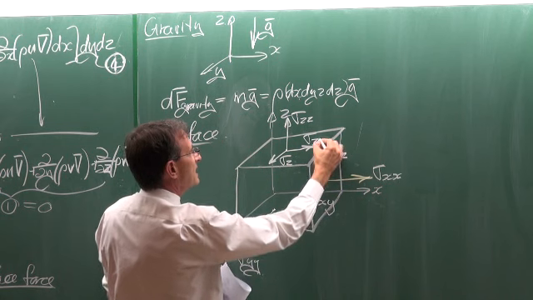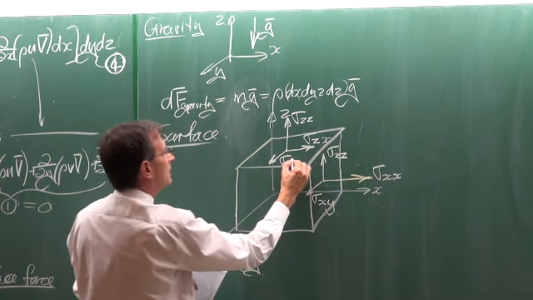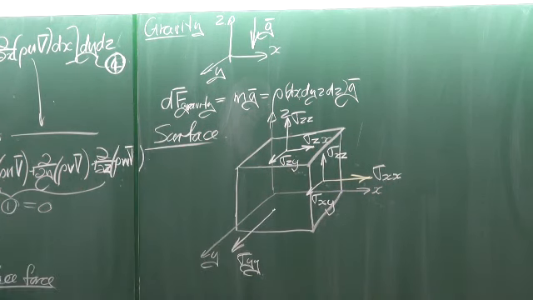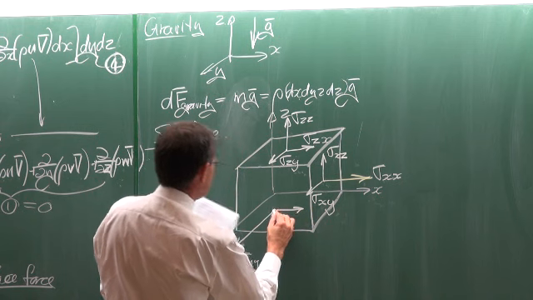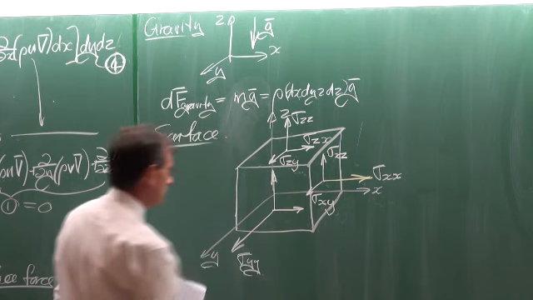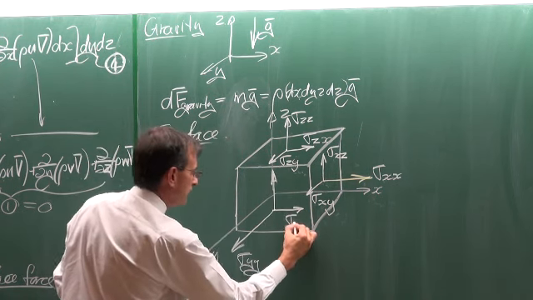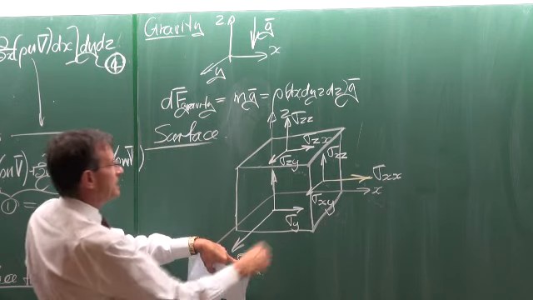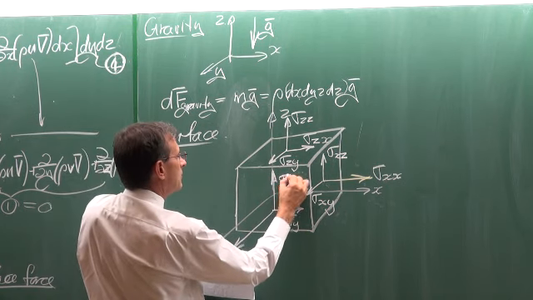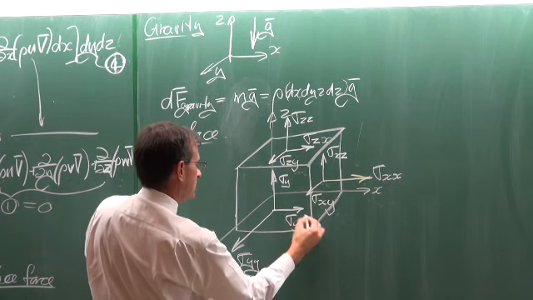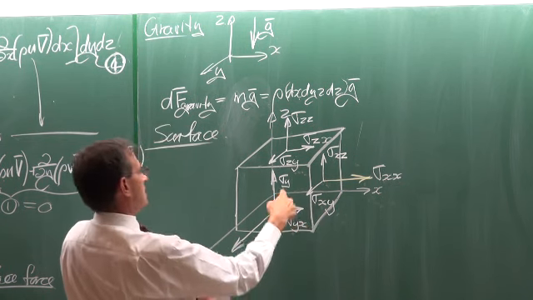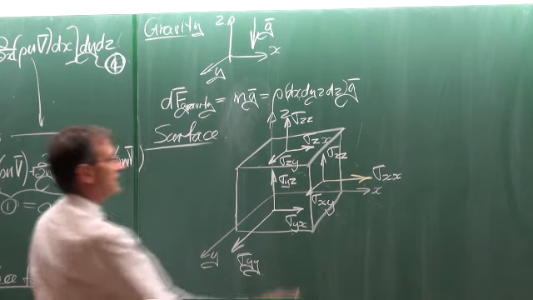That one would be in the x direction and this one in the y direction. The first index indicates the surface, and the second one indicates the direction. So that one is x, and that one is z.